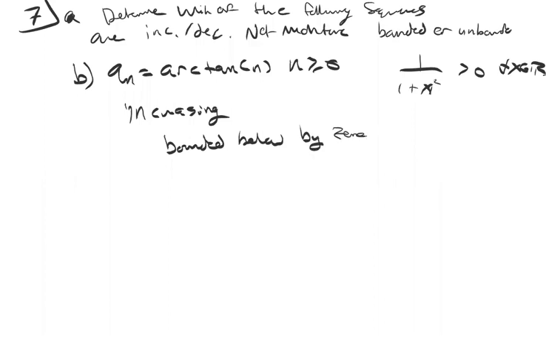And we know that as n gets arbitrarily large, it's also bounded above by pi over 2. Okay, and again, negative pi over 2 works for the lower bound, but it doesn't have to be the absolute tightest bound. It just needs to exist.